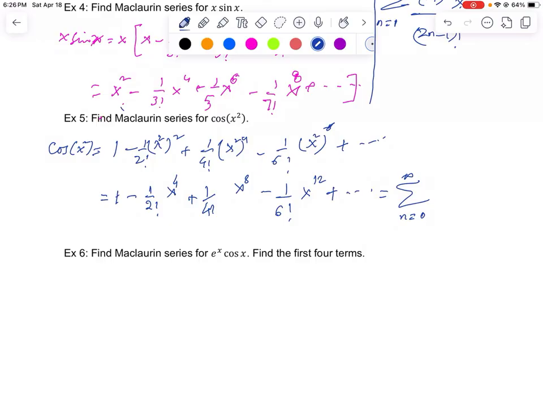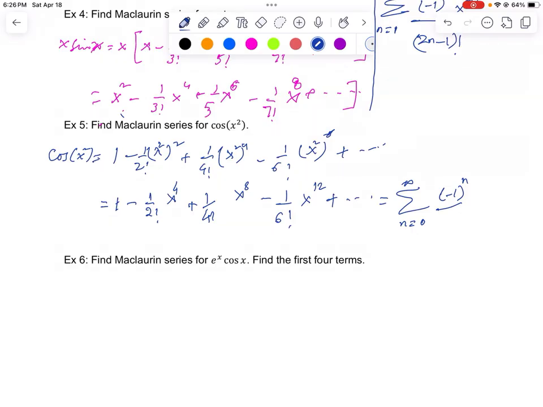n is equal to 0 to infinity, so -1 raised to n is fine, divided by, so down at the bottom we have factorials: 2 factorial, 4 factorial, 6 factorial, and so on.